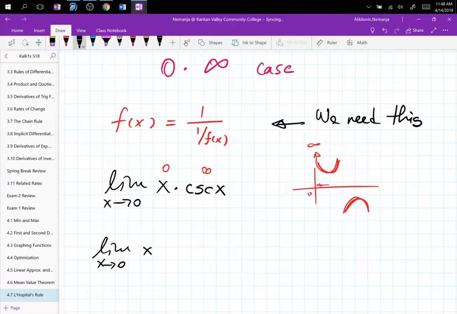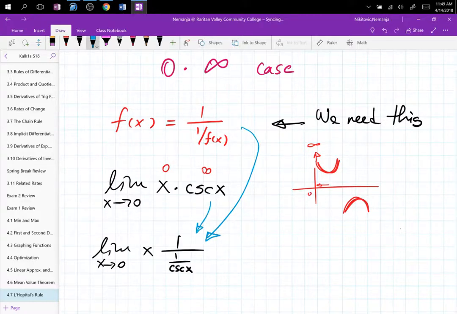So I'm going to leave x as is, and I'm going to apply the formula. So this is now equal to 1 over 1 over cosecant x. So I use this on the cosecant. So the next step is the limit as x goes to 0 of x times, and now 1 over cosecant x is 1 over sine x.